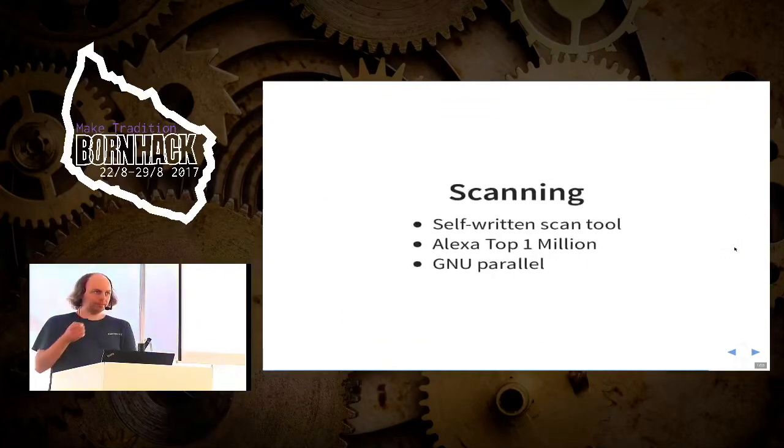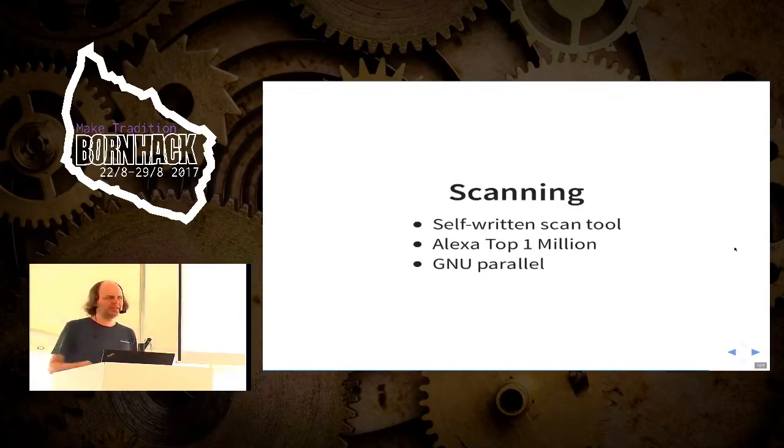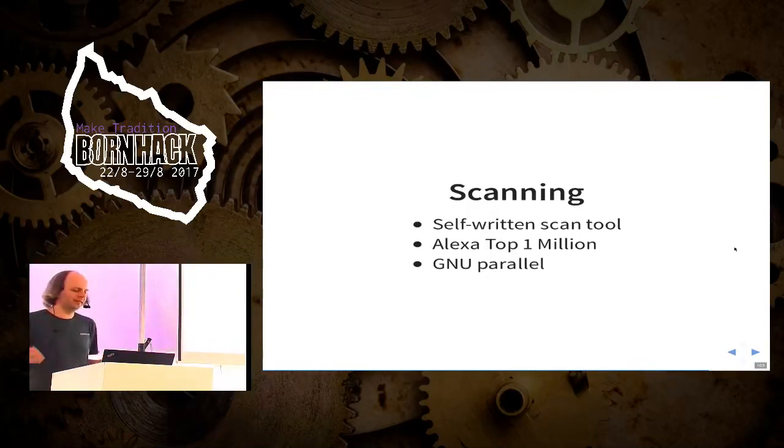But when I did these scans, I usually used my own self-written tool. I usually scanned the Alexa top 1 million list, which is a list of popular web pages, available for free. It's a bit questionable how reliable that data is. They say it's the most popular top 1 million web pages. I doubt that a bit and I question their methodology, but it's just a list of web pages that is easy to get and that you can test.